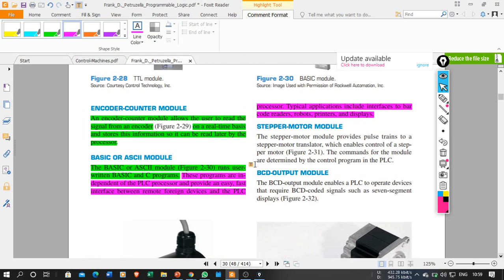Then the stepper control module. The stepper control module provides a pulse train to the stepper motor. As we have already discussed, the stepper motor will increment or change its position in a stepwise manner. I cannot give a direct DC supply or AC supply to the stepper motor. Just like with other motors, if I give supply to a fan motor, it will complete its rotation within a single step.